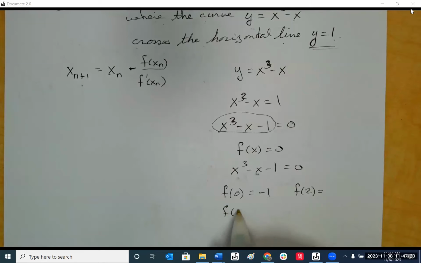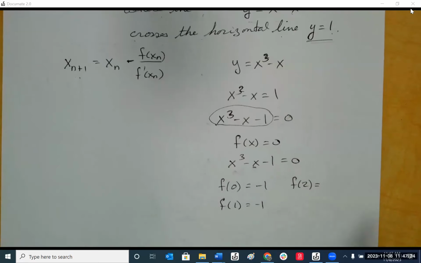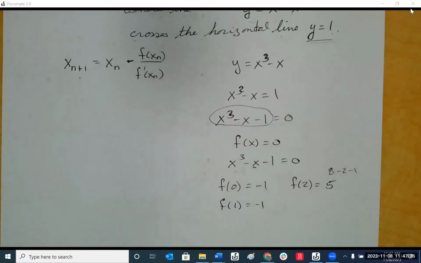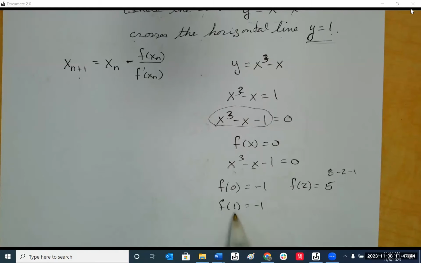So we know that at 1, it'll be -1 also. At 2, what do we get? 2 cubed is 8, minus 2, minus 1 is +5. So we know basically that it's between x equals 1 and x equals 2. So it has to be between 1 and 2.